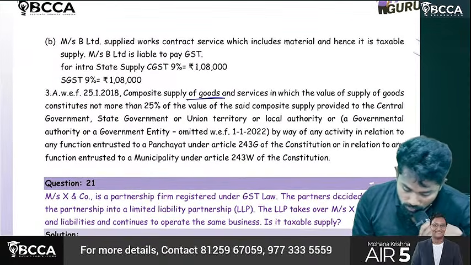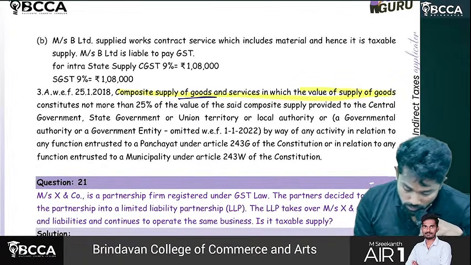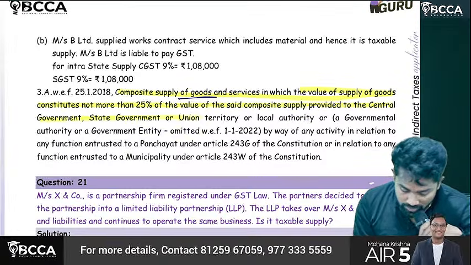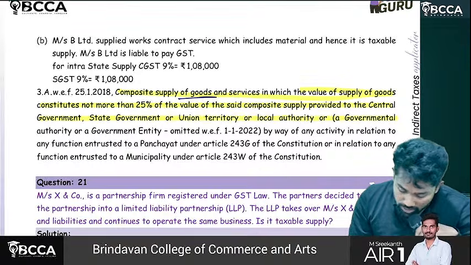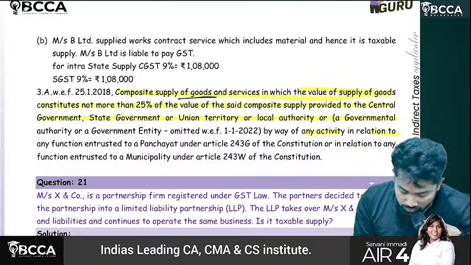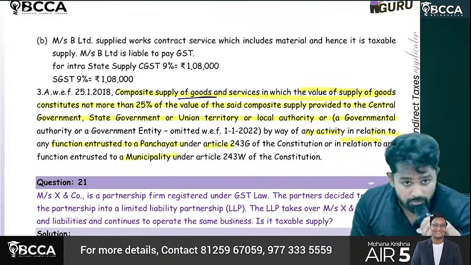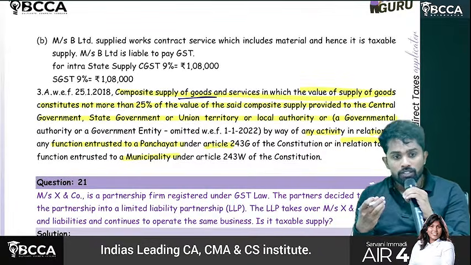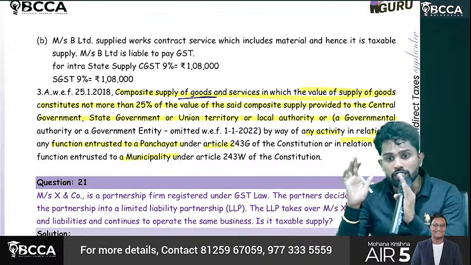Composite supply of goods and services in which value of supply of goods constitutes not more than 25% of the said composite supply provided to central, state government, union territory, local authority, in relation to any activity in relation to a function entrusted to a panchayat, then that is exempted.